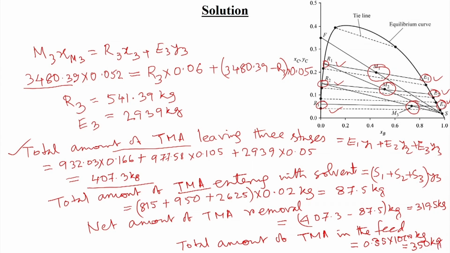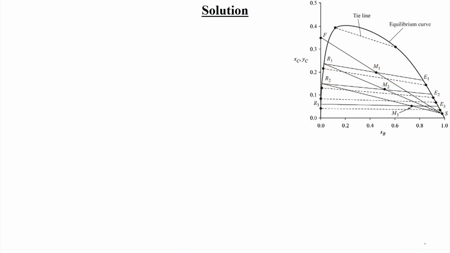So, out of this 350 kg, we have 319.5 kg that is separated. So, the fractional trimethylamine removal will be 319.5 divided by 350 into 100 percentage.